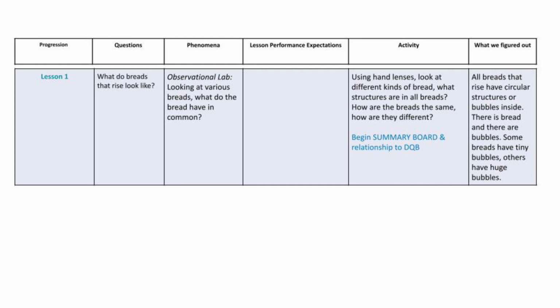As we continue to advance through the unit, each experience should build more to their understanding of the organism of yeast and how it survives best in certain environments. We're going to try to do that by developing a summary board to keep track of what we're figuring out.